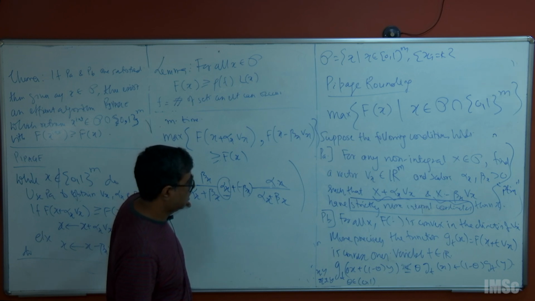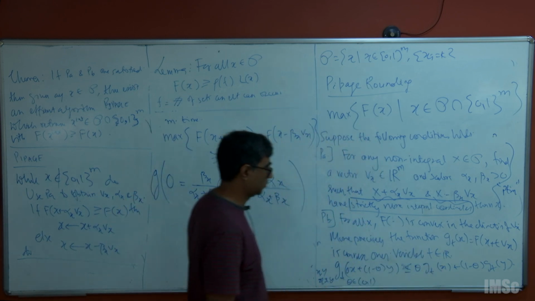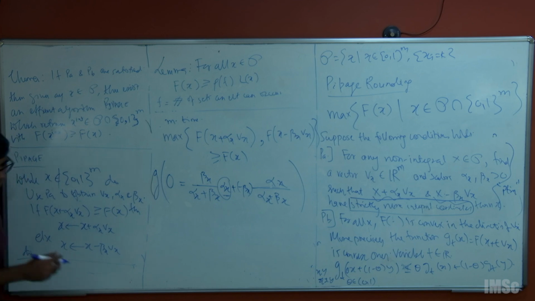The argument passing through G should be a point. What you have is over variable t in R. Okay, but theta x plus 1 minus theta y represents a point, meaning it should have m coordinates. x itself is a point and y is a point, scaled by theta and 1 minus theta respectively. Over there what you have is just a scalar 0.